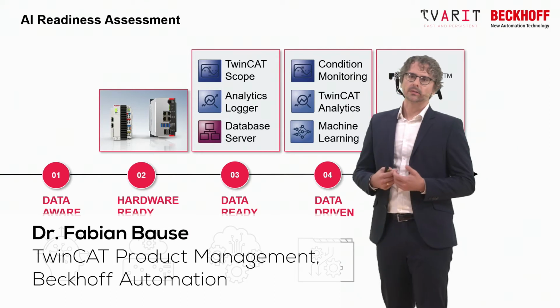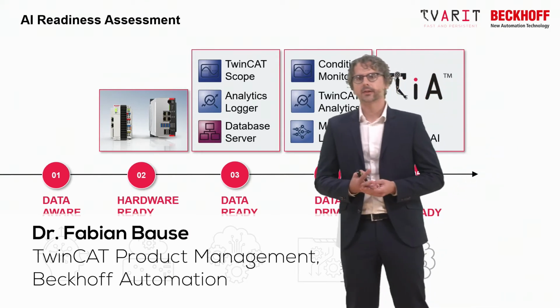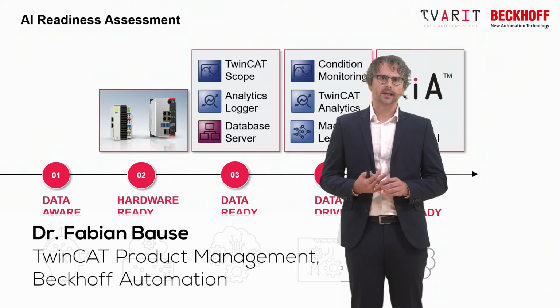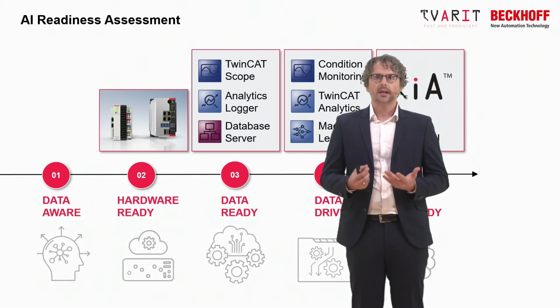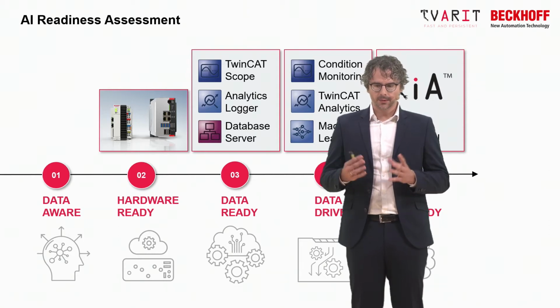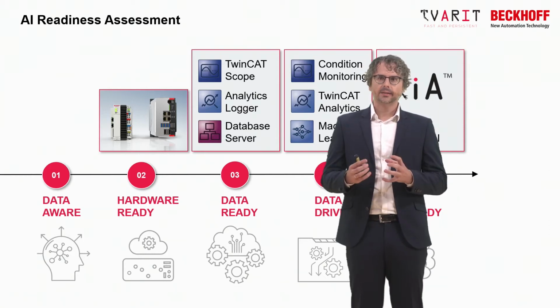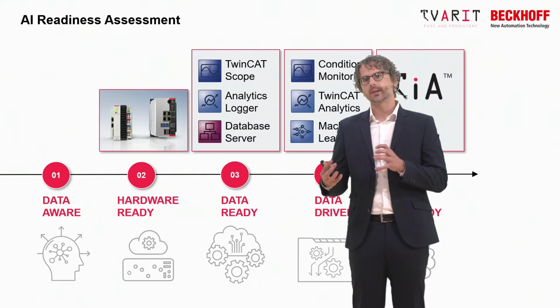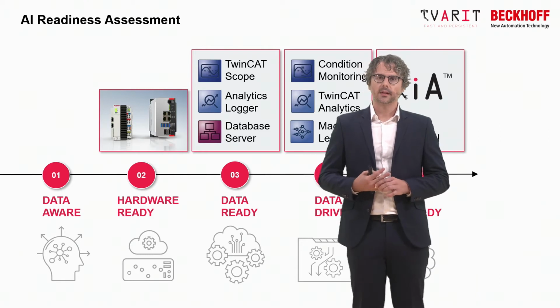Hardware ready. So that's simple. PC-based control is a key concept in being hardware ready for AI processes, because PC-based control offers you the opportunity to combine your automation technology or operation technology with the information technology.